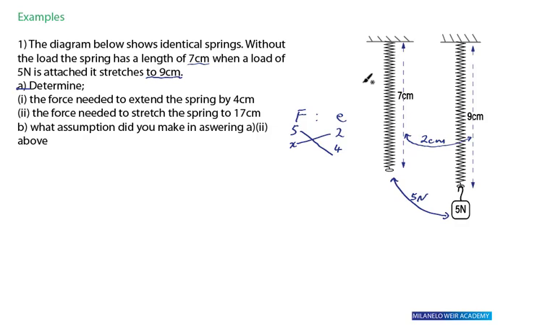But before, we might make it look easy by saying if we double the extension, the force also doubles, because from 2 to 4 is double, then from 5 double, that is 10, right? Another thing, from 2 to 4 we multiply by 2, so from 5 to x we also multiply by the same value, which is 2, and we get 10. But let's just cross multiply so that we see what is going on. 5 times 4 is equal to 2x.